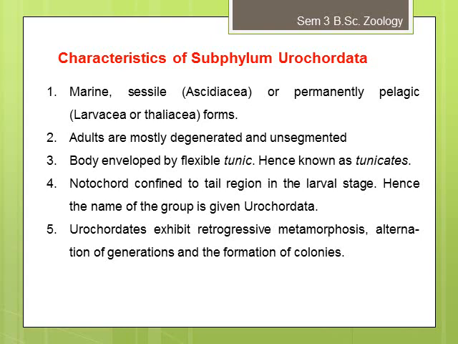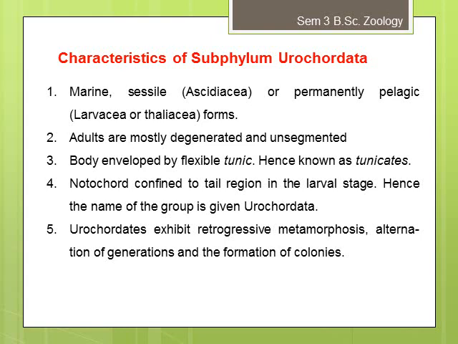Throughout the animal kingdom, in all the animals, we can see that the metamorphosis is progressive. And in Urochordates, what happens is it is retrogressive. As we have already seen, the larva possesses more advanced characters of chordates. That is, it is the larva which possesses all the chordate characters.